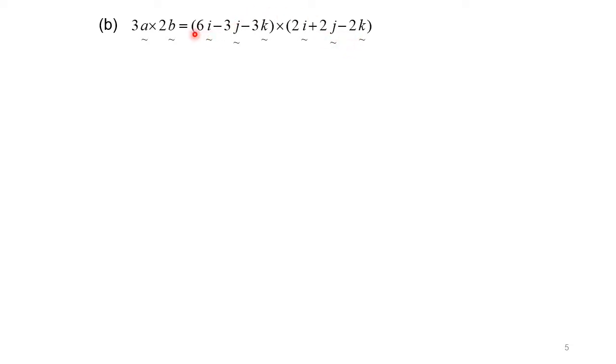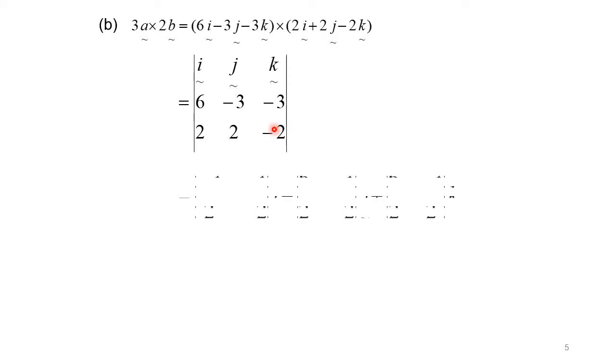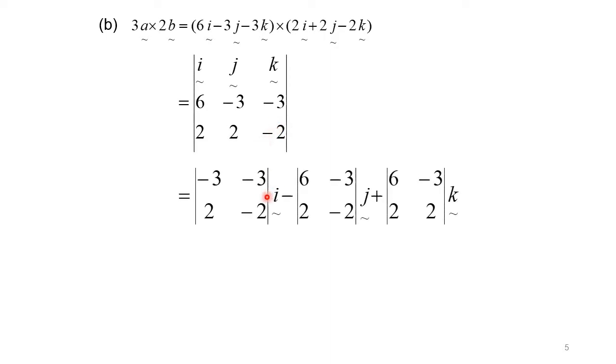After we multiply with coefficients 3 and 2 respectively, we do the cross product. As usual, the first row will be ijk, the second row will be vector 3A, and the third row will be vector 2B. Then we expand like finding a determinant, and we get the answer 12i plus 6j plus 18k.